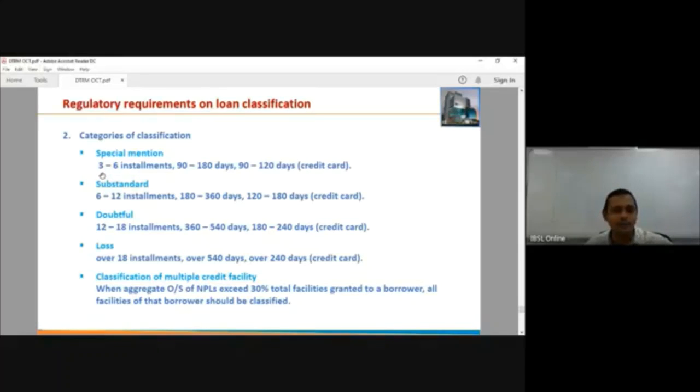His NPL target goes up, his recovery. The branch managers are given targets, so that target he may not meet. Therefore, if the manager wants, they can keep that. Or even if the head office wants to reduce the NPL, they can keep that.